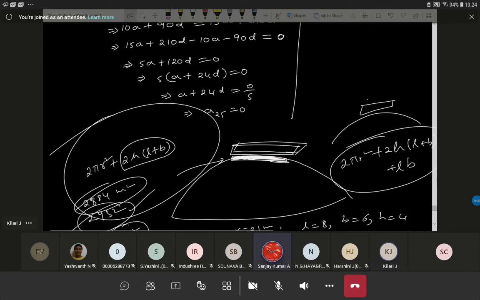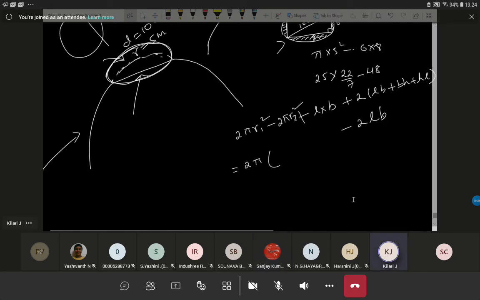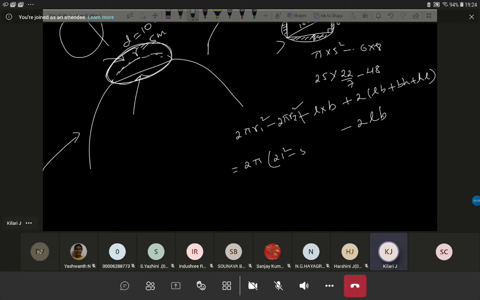It is 21, so 21 square minus R2 square, which is 5 square, plus LB, plus 2 times BH plus HL, minus 2LB plus 2LB cancel.